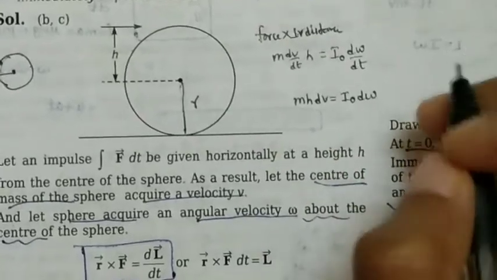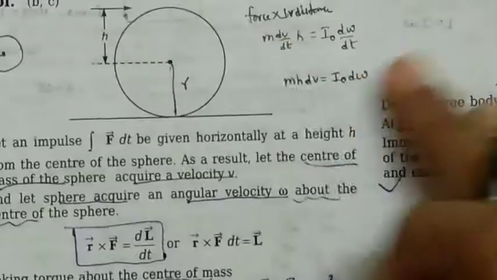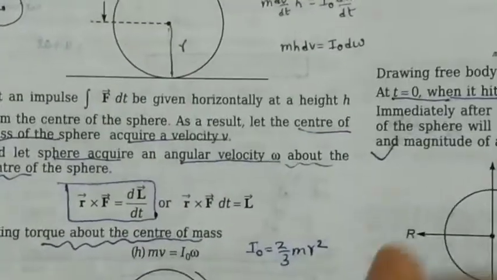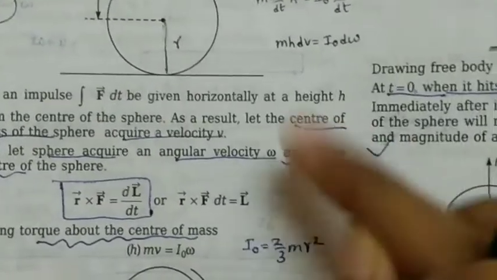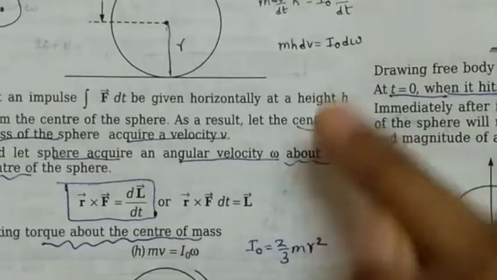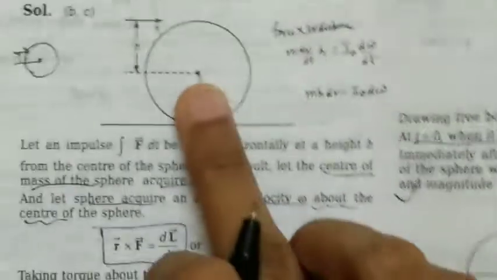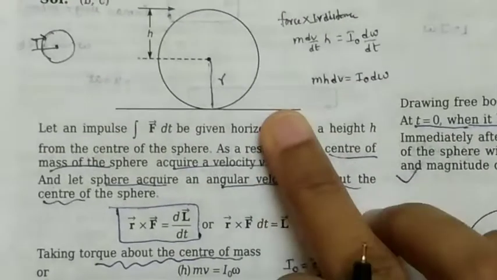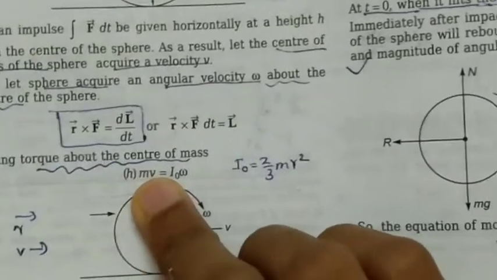Now we have to integrate on both sides. Integration of dv is nothing but v, from initial velocity to final velocity. Initially the sphere was at rest, and we are giving an impulse, so initial velocity is 0. So integration of dv from 0 to v is nothing but v minus 0.